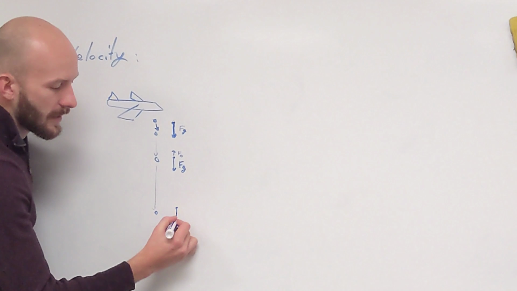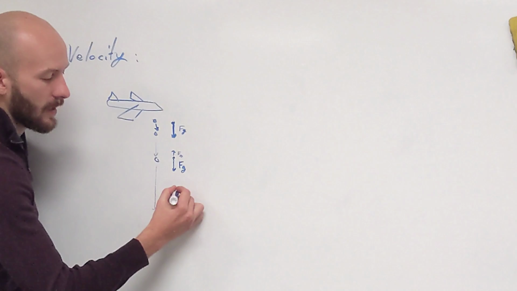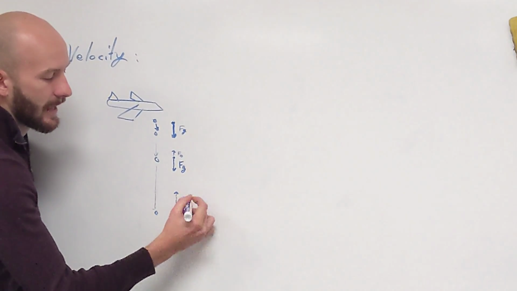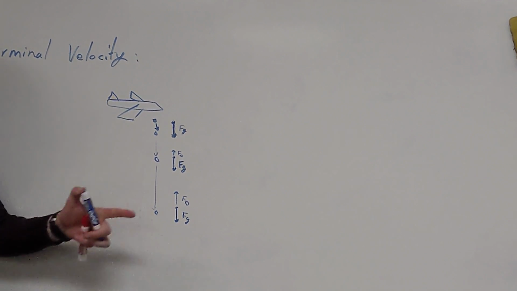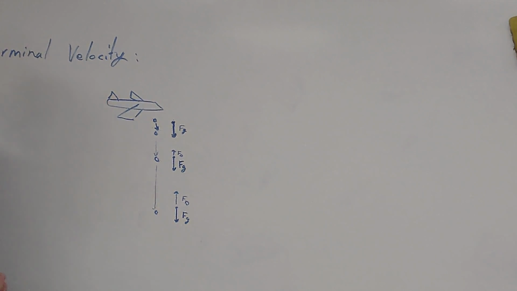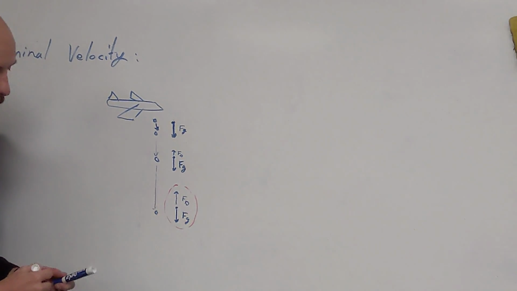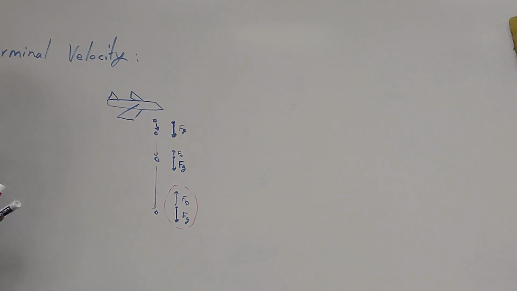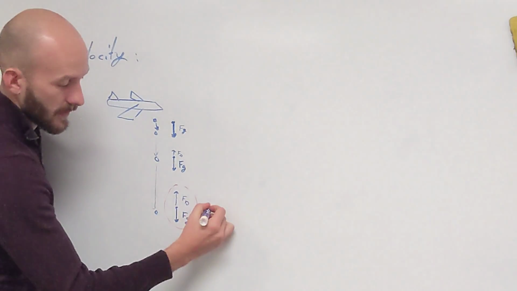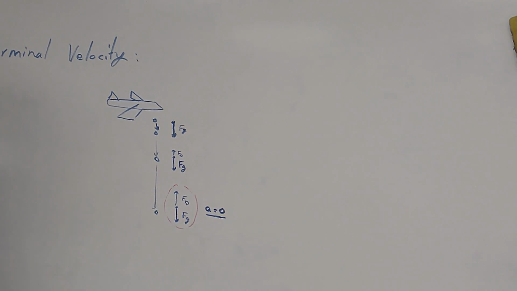F sub g is staying the same, but the drag force is going to keep increasing as it accelerates. Eventually, that drag force is going to equal F sub g, and those are going to balance out. Okay. Once that happens, and those are equal and opposite, okay, then the net force is zero, so the acceleration equals zero at that point.